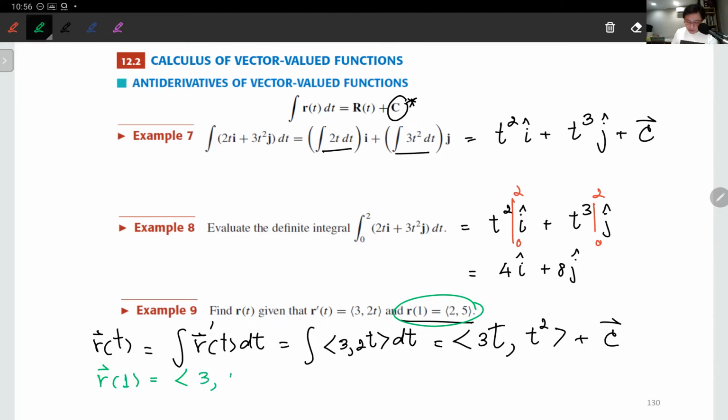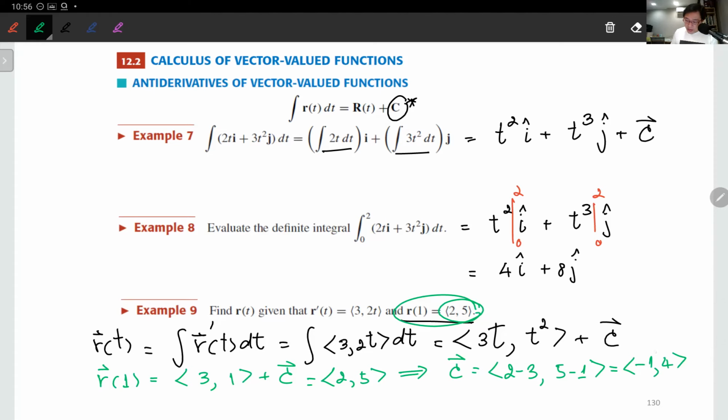So I'm going to get <3, 1> plus c, right? That's from the upper line there. But the information said this must be equal to <2, 5>. So from this, I can figure out the components of the constant one by one as well. So my vector c itself is going to be <2, 5> subtract out <3, 1>. So it's going to be 2 minus 3, 5 minus 1. So it's going to be <-1, 4>.